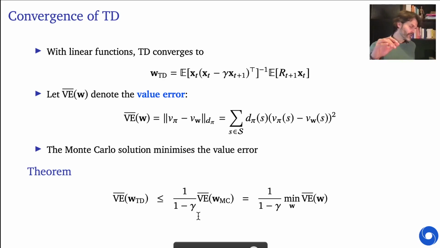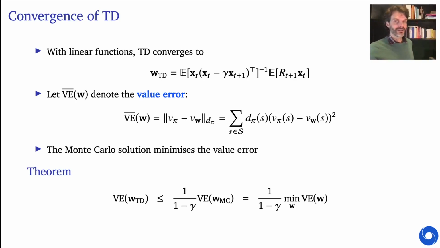And there's this useful heuristic that we briefly talked about earlier in the course as well, where you can view this as a horizon. If gamma is 0.9, for instance, then 1 minus gamma is 0.1, and 1 divided by 0.1 is 10. So a gamma of 0.9 roughly corresponds to a horizon of 10, which means that in that case the Monte Carlo error can be 10 times smaller than the TD error.